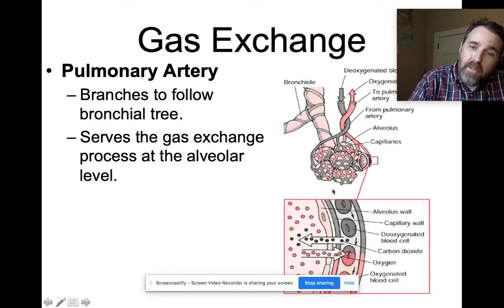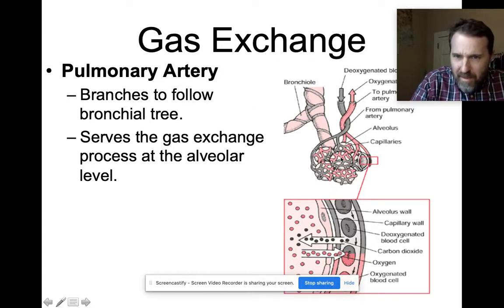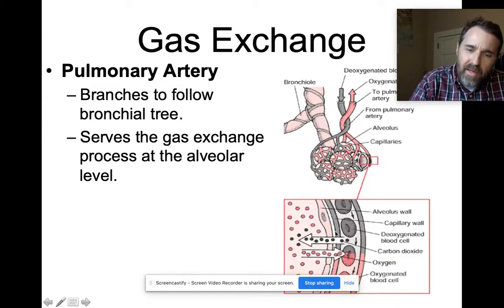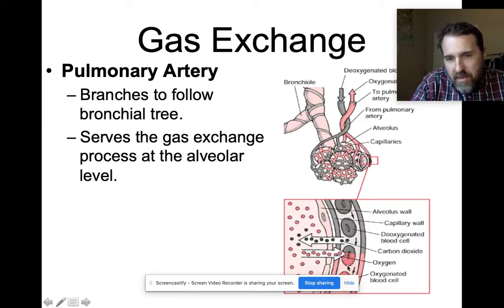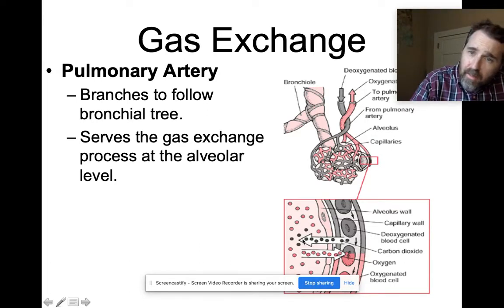So looking at this image, you see the alveolus wrapped in capillaries. And if we look down here at this cross section, you can see the illustration of the red blood cells dropping off carbon dioxide.